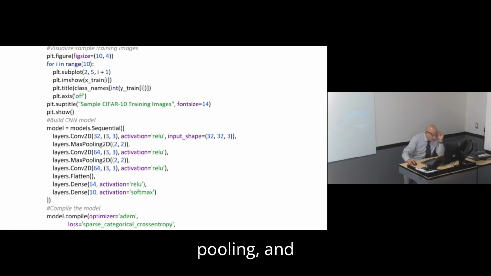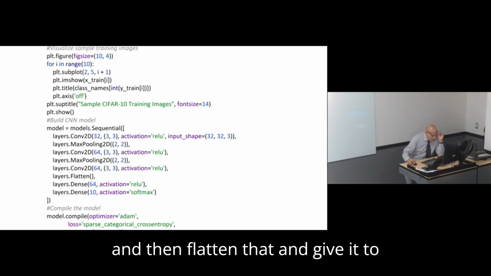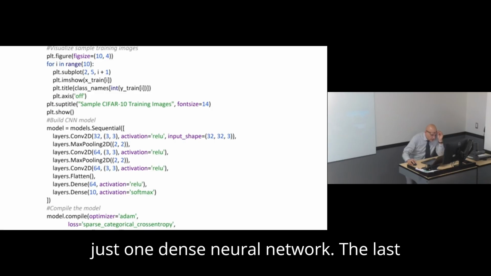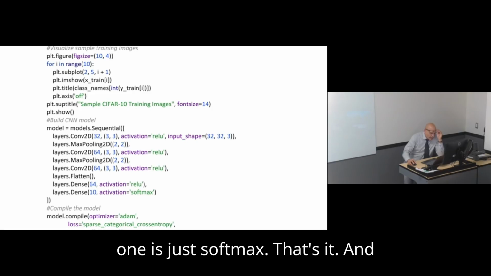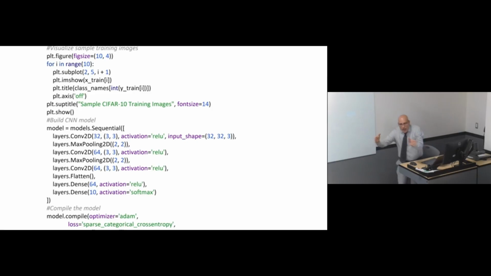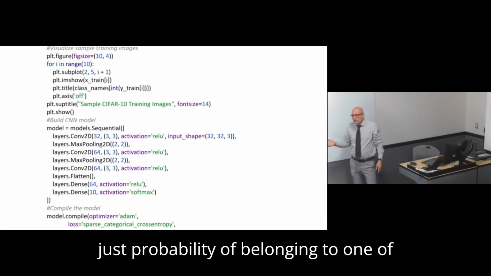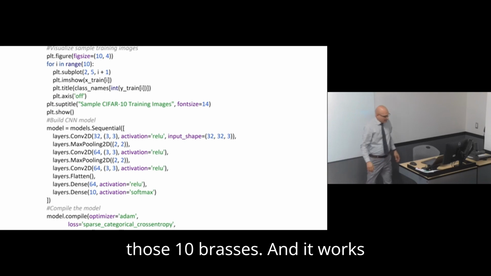Both have max pooling, and then we flatten that and give it to just one dense neural network. The last one is just softmax. As you can see, softmax makes 10 outputs, and each of them is just the probability of belonging to one of those 10 classes.